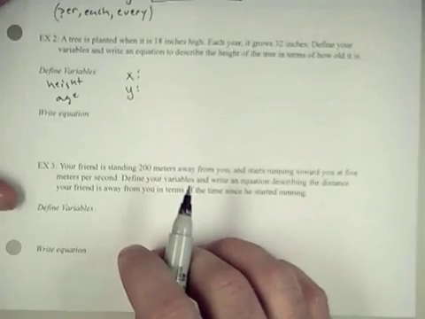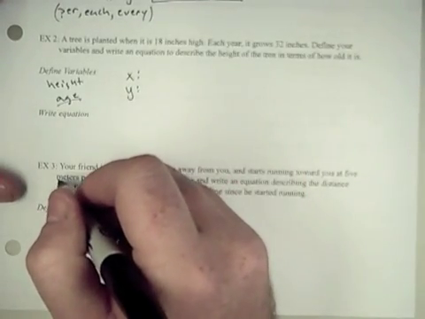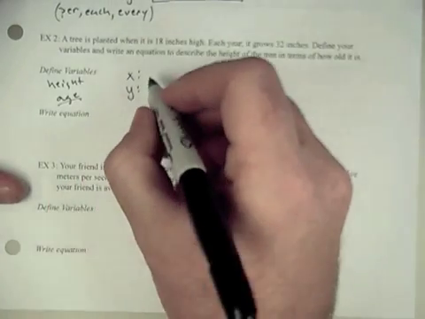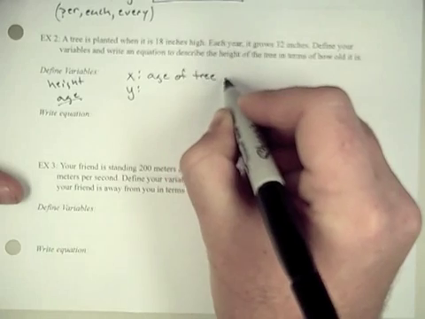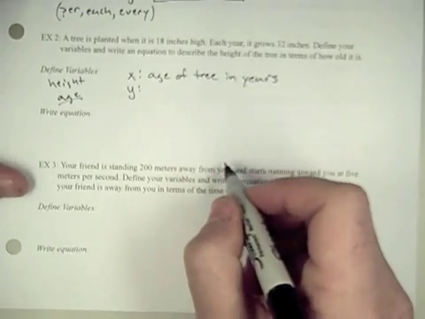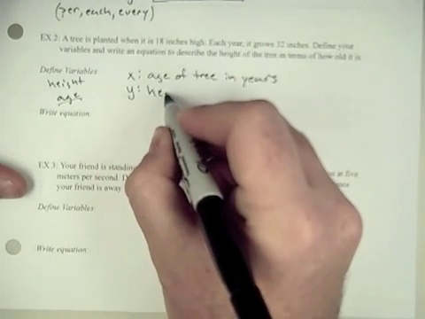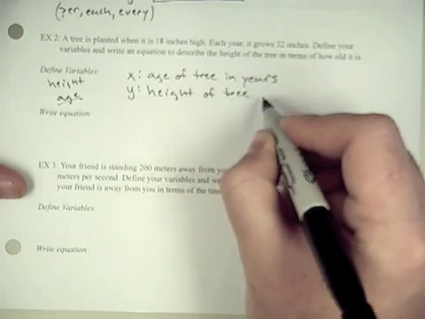Again, we want to take the one that changes on its own, which is usually time if you've got it, so age. The age of the tree in years. That's our unit. And then the height of the tree is our y in inches.